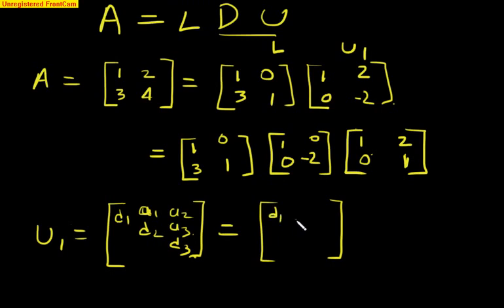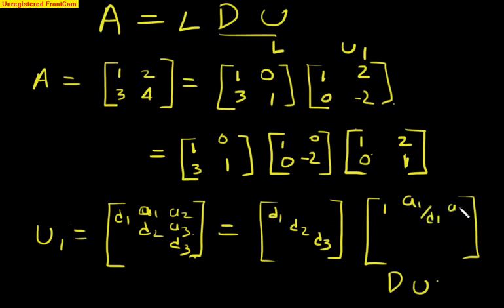D is d1, d2, d3, and to find the new U, just divide row 1 by its diagonal element. Here it will be 1, a1 by d1, a2 by d1, like this.